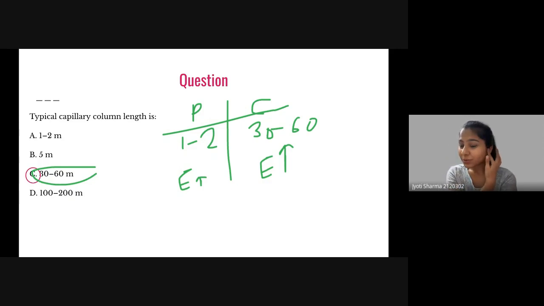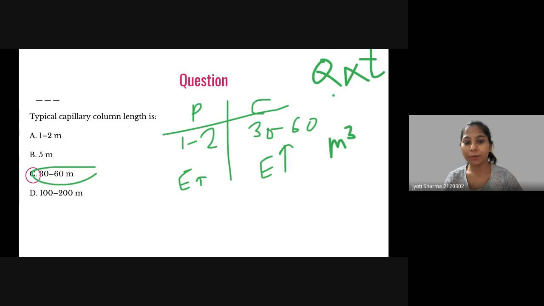Actually, this one is very easy. What you just need to do is calculate the volume, right? And after that, you need to calculate the concentration because it is for the 8 hours. This 1000 liter per minute is your flow rate, so you have flow rate, that is Q, and you have time. So Q multiplied by t. Q is nothing but meter cube per time, multiplied by time, it will give you the volume.